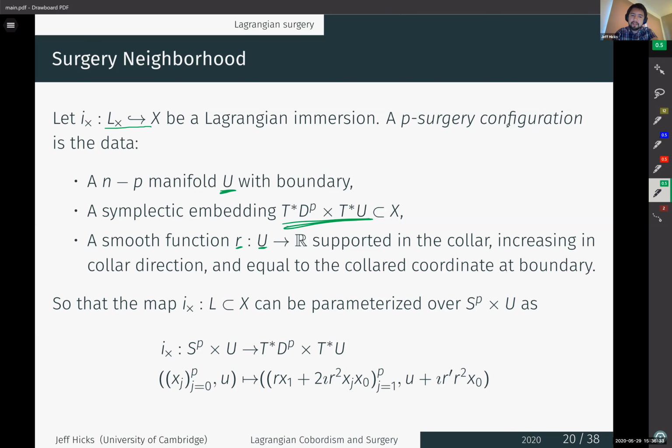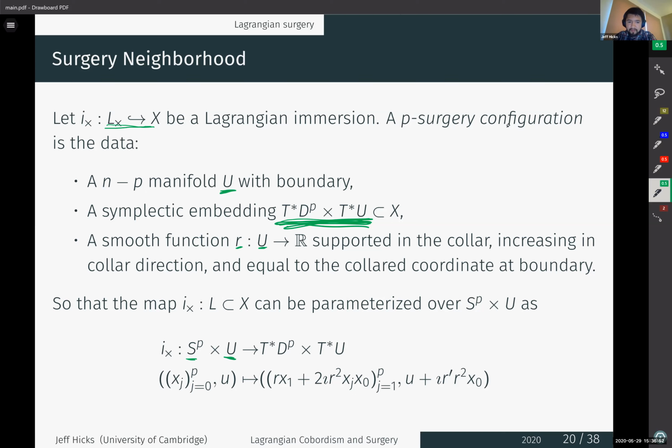And all of this data is chosen in such a way that in this neighborhood, T star D^p cross T star U, I can parameterize my original Lagrangian immersion as a collection of Whitney spheres over the parameter U.